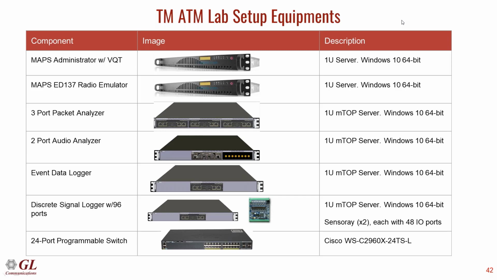It's a wire speed packet detector. Any and all packets of unique nature, like the PTT packet, squelch packet, or whatever you may have, can be detected, time-stamped, and sent to the event data logger. That can happen at both the source and the destination. So the next slide will show you how this is all set up.